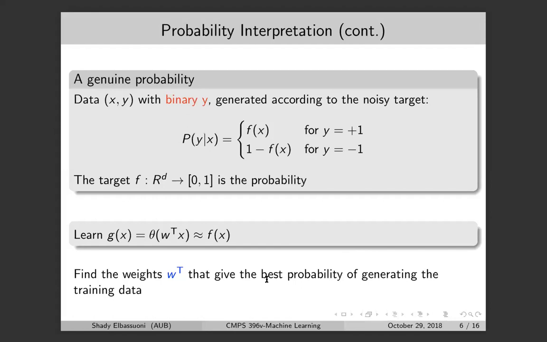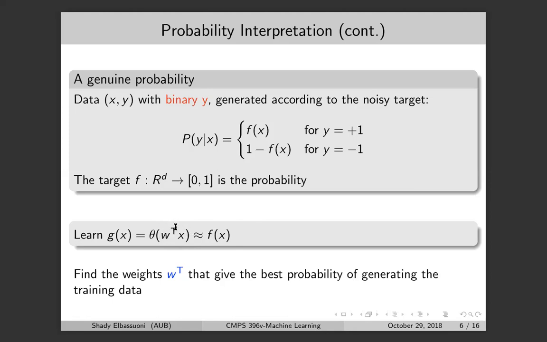In other words, if I fix W, or I look at a particular W, I can see, is it very high for the +1 instances, so for the instances that have label +1, is this theta of W transpose X giving me very high probability? And for the ones that are -1, so an instance with label -1, is it giving me very low probability?